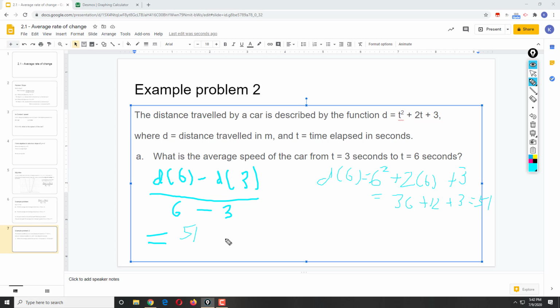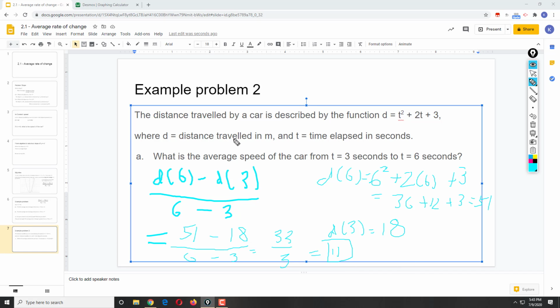D of 3, I'm not going to write out details, but it's 3 squared, which is 9, plus 2 times 3, which is 6, which is 15, plus 3, which is 18. So d of 3 is 18. So the average rate of change is d of 6, 51, minus d of 3, which is 18, over 6 minus 3. So it's 33 over 3, so it's 11.